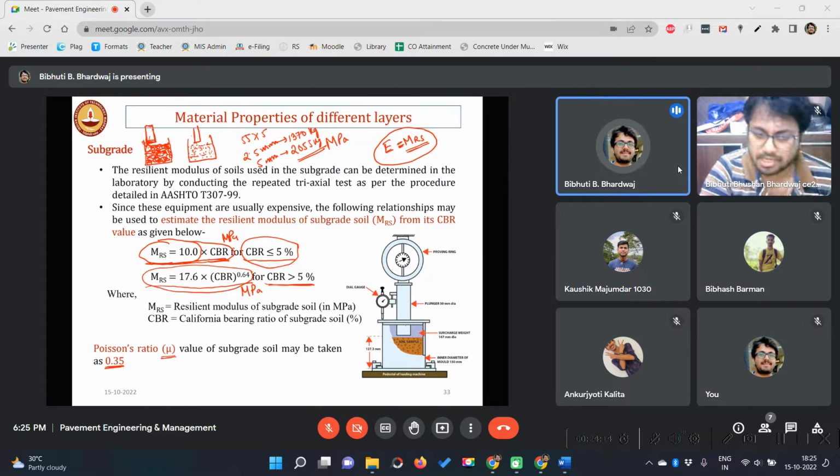Remember these values, very important. They are asked everywhere. May not be in GATE nowadays, but in other exams these questions are asked. For 2.5 mm, what is the standard weight? For 5 mm, what is the standard weight? Anyway, they got these values.